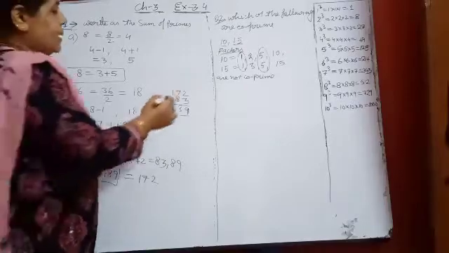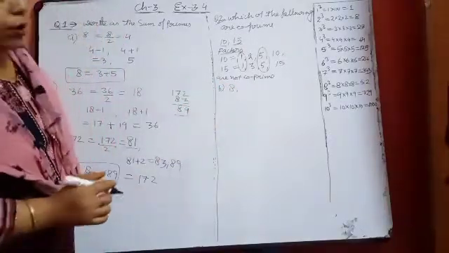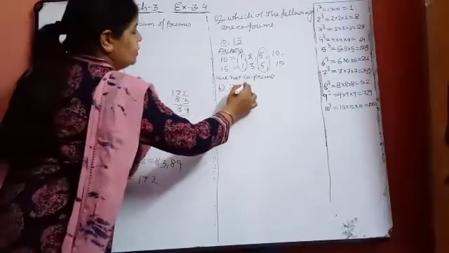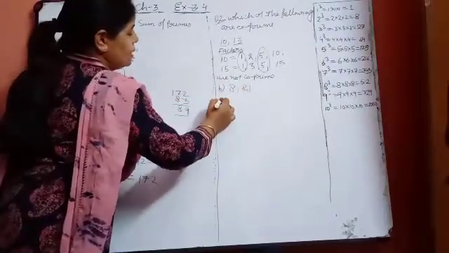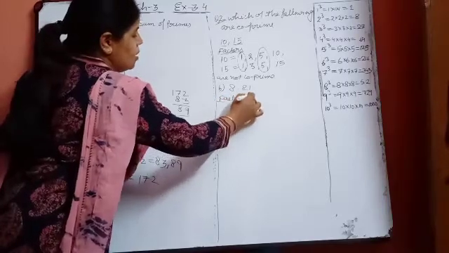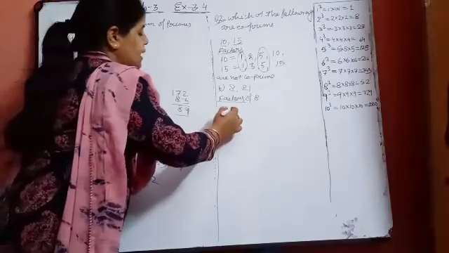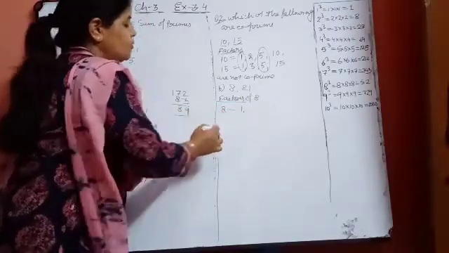Now come to the B part, 8 and 21. I am going to write the factors of 8. Everybody knows how to find the factors. Always, 1 will be a factor of each number.